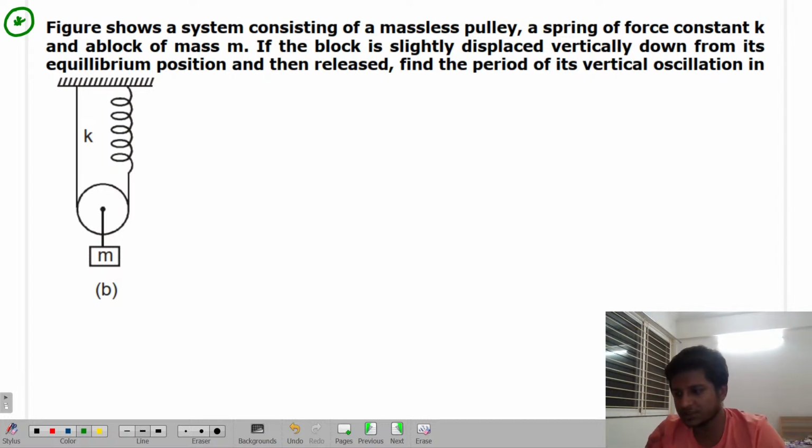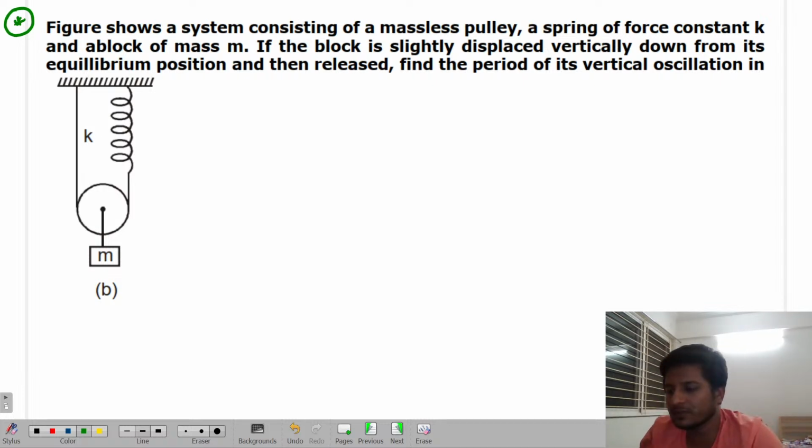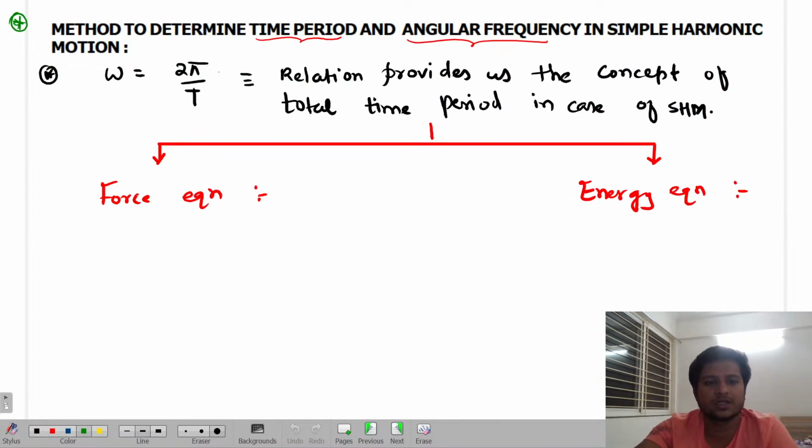This is also easy, too much easy. Yeah, so no problem. The length of the thread should be always constant. So pulley will come vertically downwards only. Follow these steps, then you will get the answer definitely.